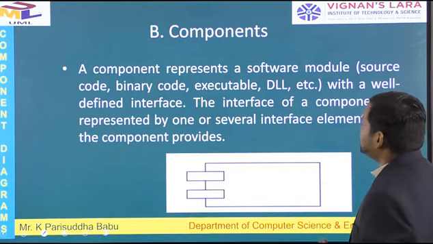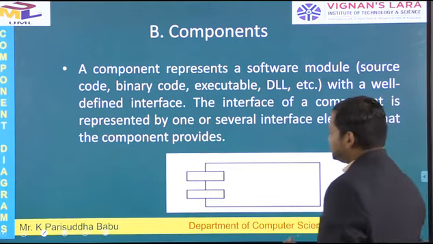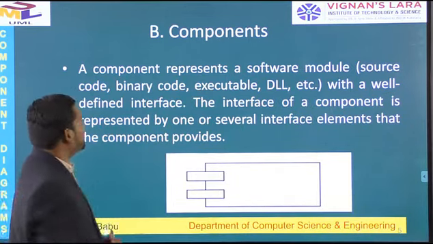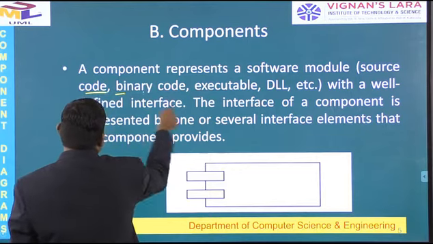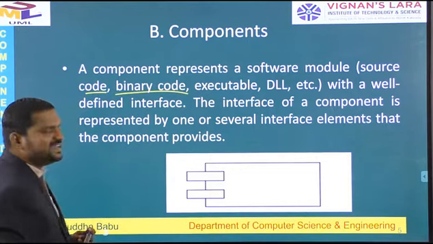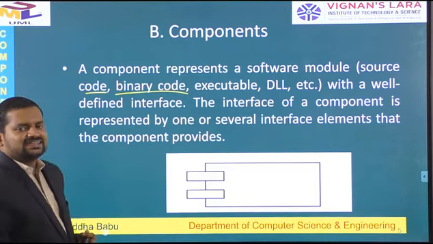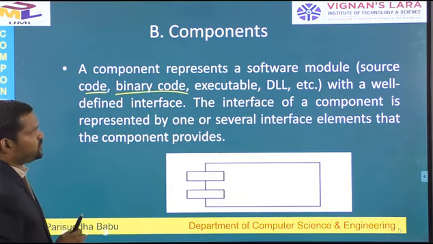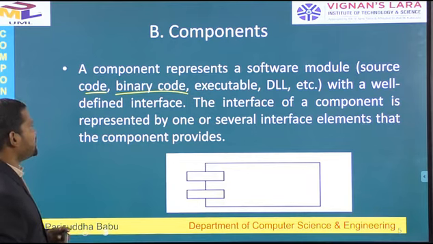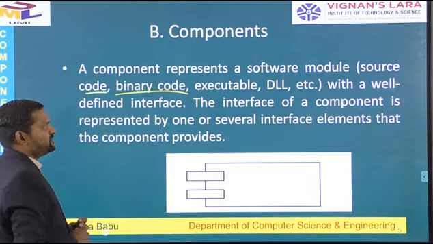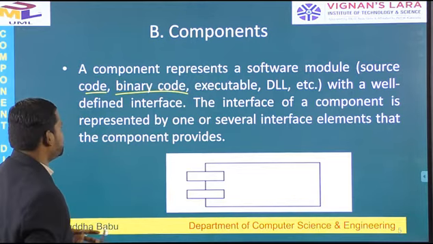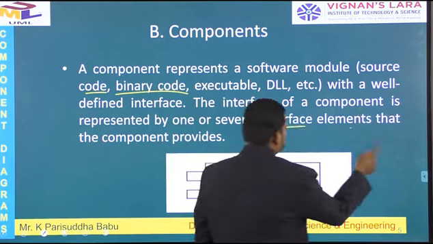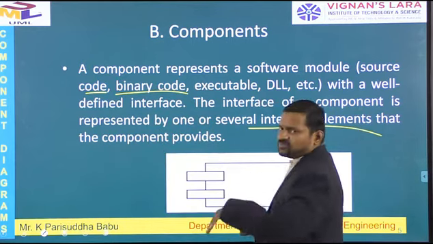A component can represent source code, binary code, executable code, DLL, and dynamic linkages, as well as defined interfaces. The interface of a component is represented by one of several interface elements in the component diagram.